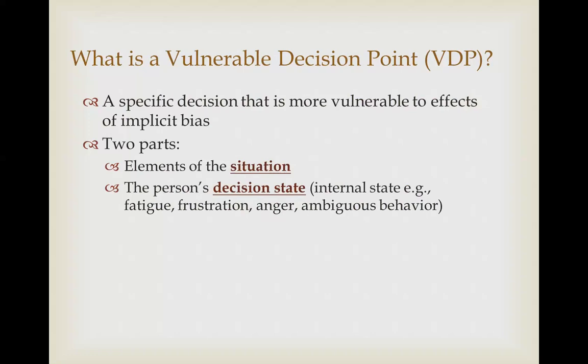And so instead of thinking about the situation and the decision state with regard to the adult managing whatever deep-seated impulse they may have to allocate differential discipline, I'm asking you to think this is what's going on for the kid too.